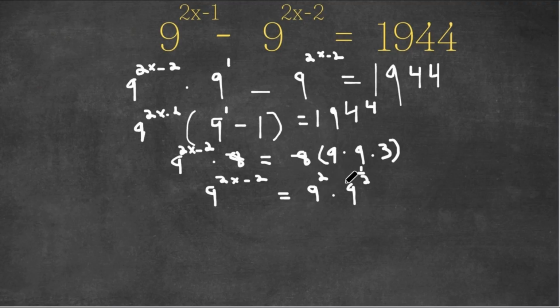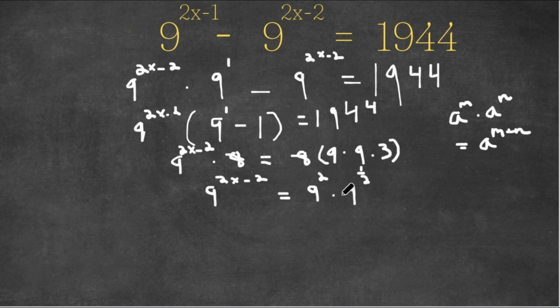So now, when we're multiplying two exponents, let's say we have a to the power of m times a to the power of n. This is equal to a to the power of m plus n.